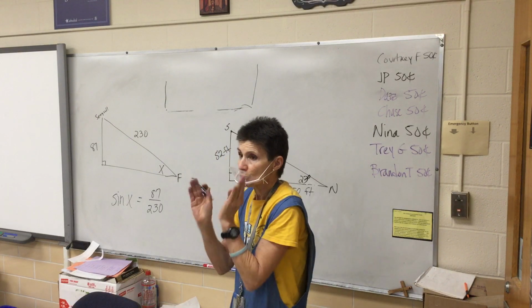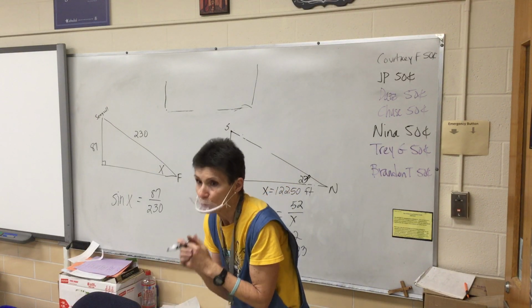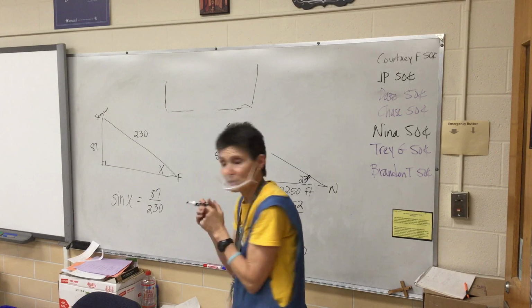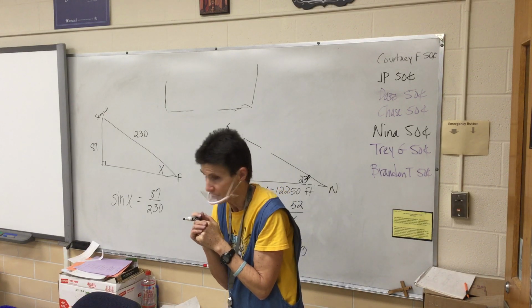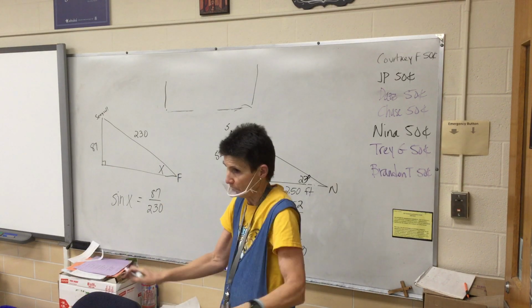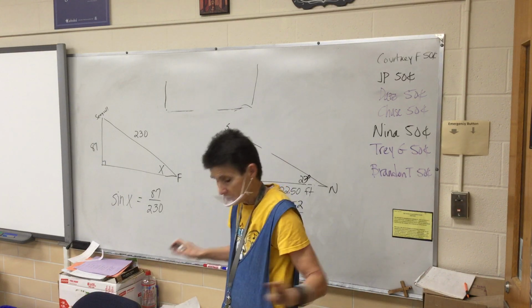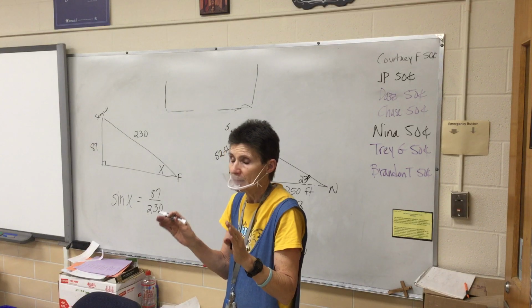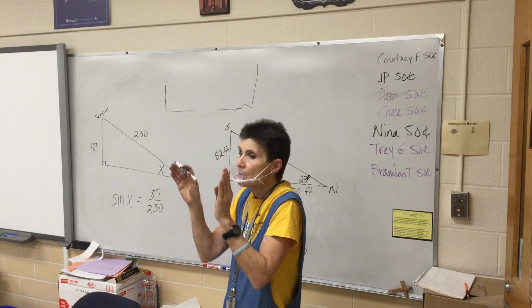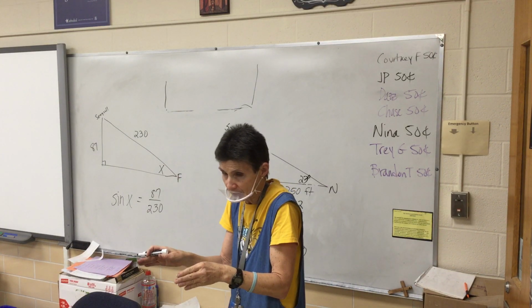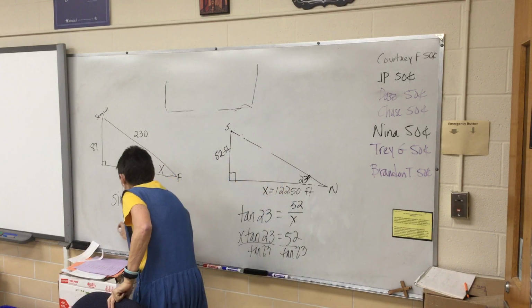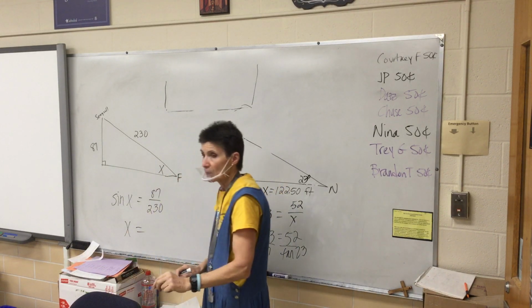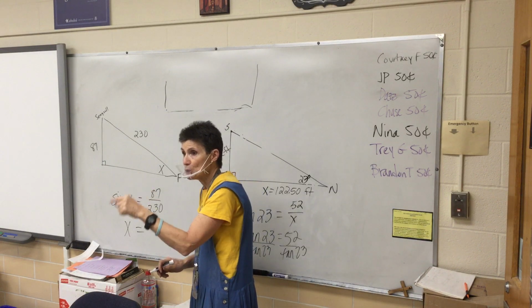Now, this is where you don't do what I think you want to do. You probably want to do something like multiply by 230. No, no, no. You're not doing any math operation. To find an angle on your calculator, to figure out what x is, we have to use a new button.